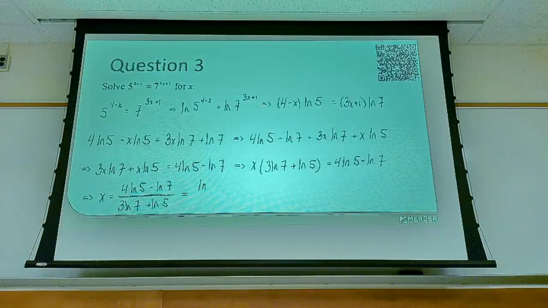Or couldn't we do the quotient one first? Not yet. And there is no quotient law, it's the difference law. The laws of logs. The product law, the quotient law.